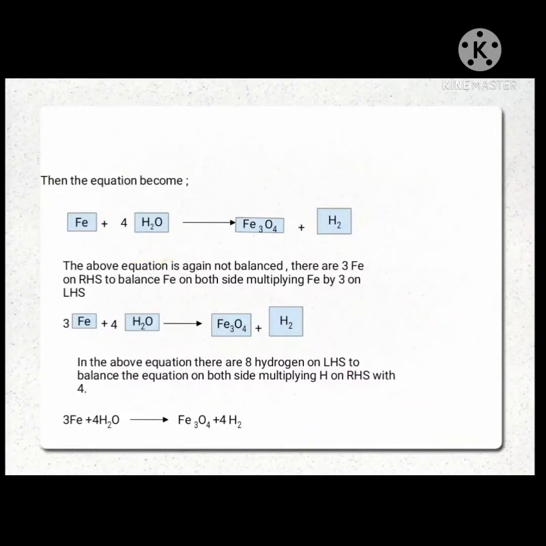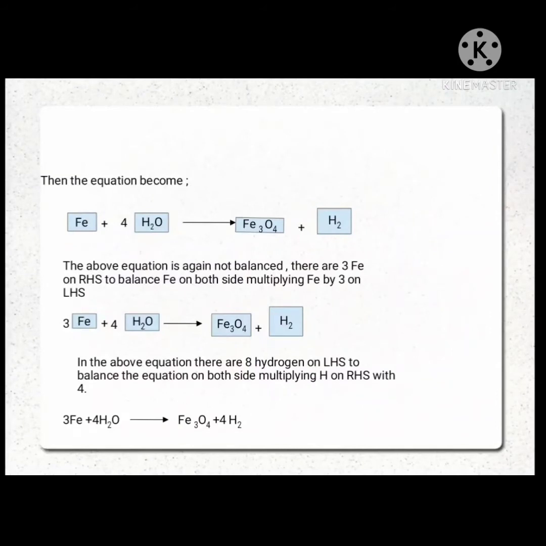And on the right hand side only 2 hydrogen atoms are present. So hydrogen is not balanced here. But oxygen is balanced. Both the right hand side and left hand side contain 4 oxygen atoms. The above equation is again not balanced.